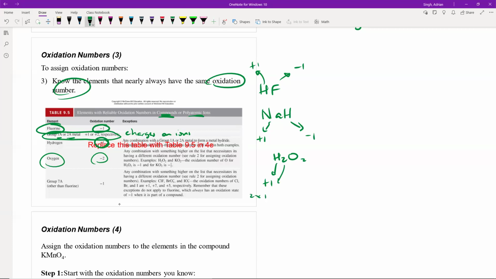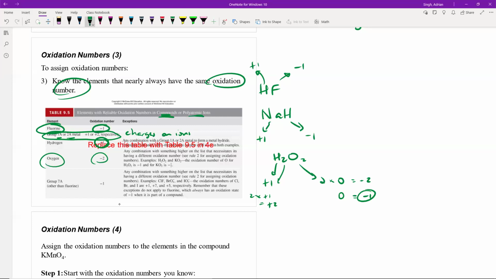So 2 times +1 would be +2. That means that the 2 oxygens here should equal -2, which means that each O should be -1. But generally O is -2, except in these special circumstances.